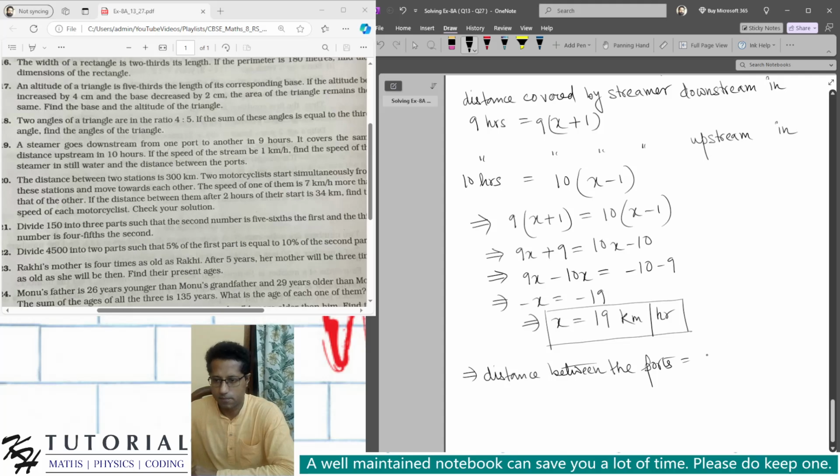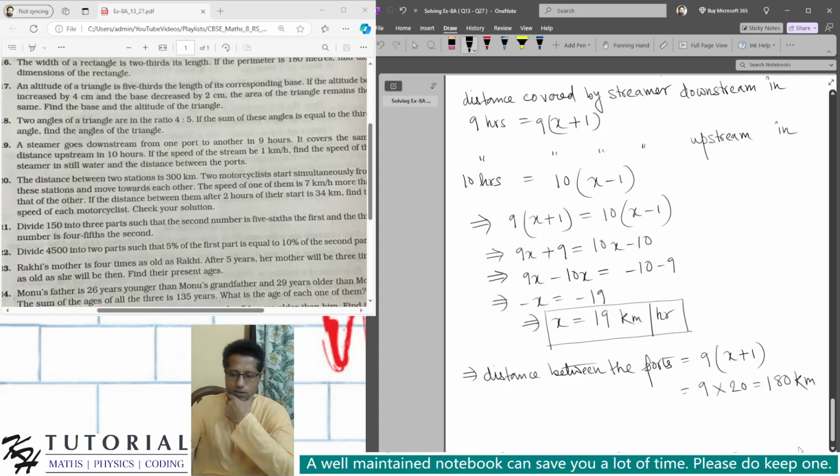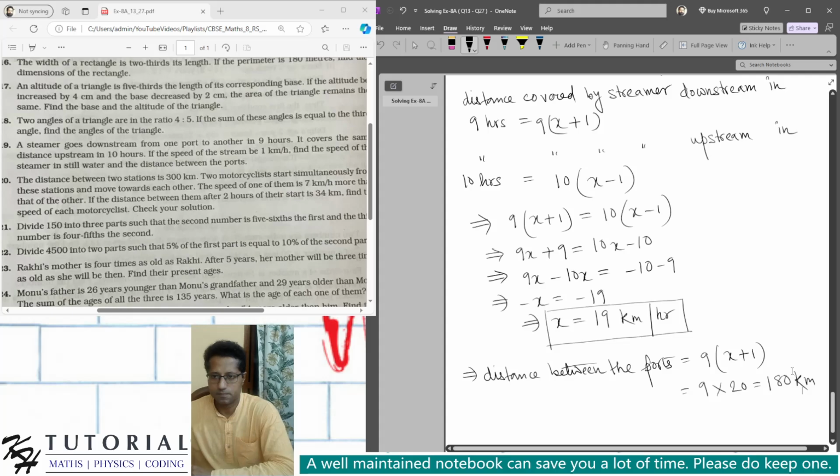I am considering 9 into x plus 1. So this is equal to 9 multiplied by 20, which is 180 kilometer. So the distance between the ports is 180 kilometer, and the speed of the streamer in still water is 19 kilometer per hour.